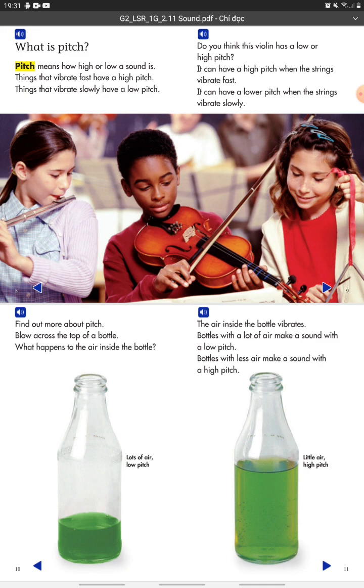That means it can be low pitched. But the bottle on the right contains lots of water. This means it contains little air, meaning that it will make a high pitched sound.